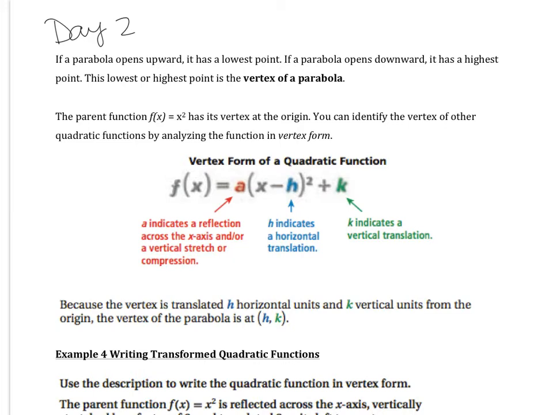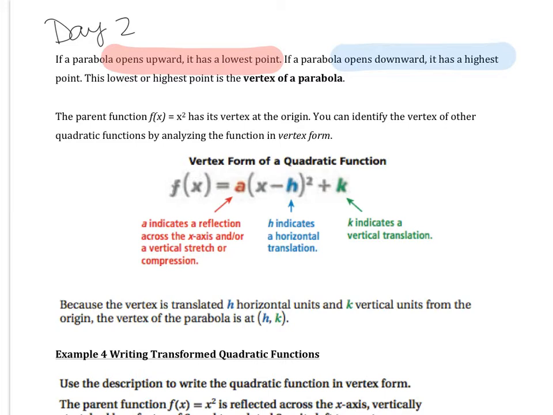If it opens up, it has a low point. If it opens upward, it has its lowest point. If it opens downward, it has a highest point, and those highest and lowest points are called the vertex.